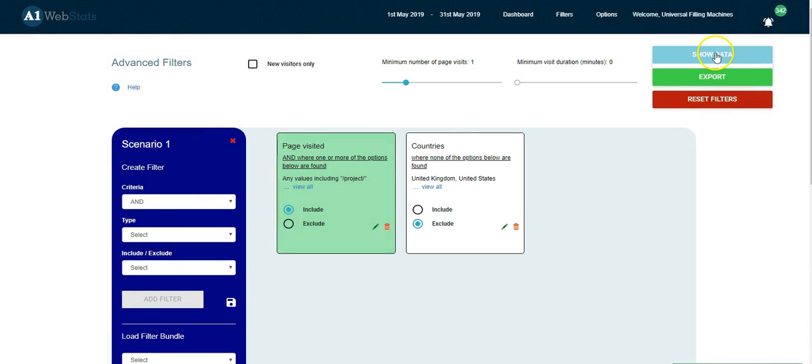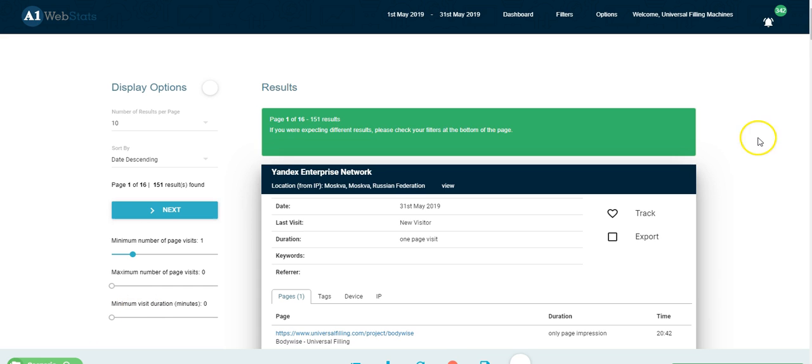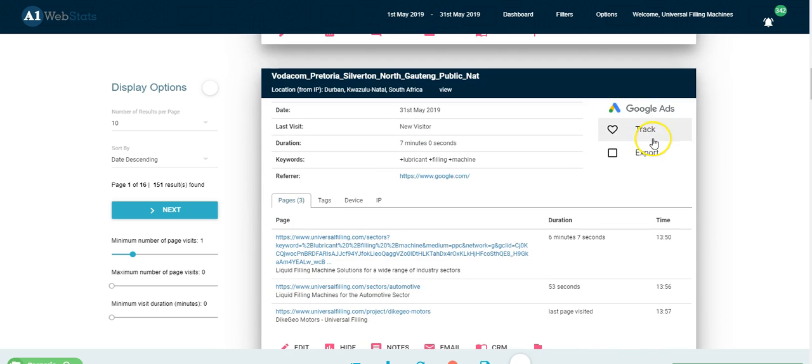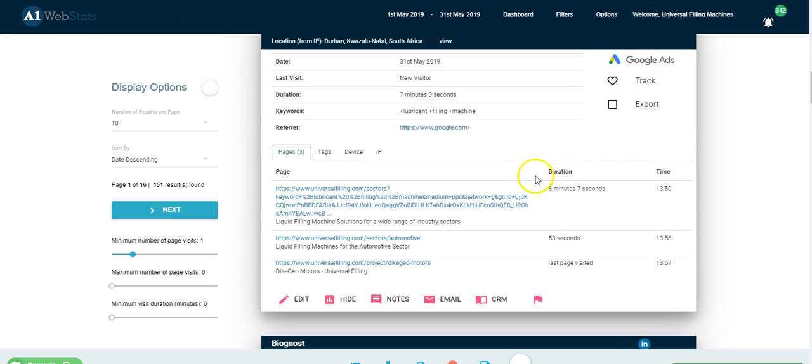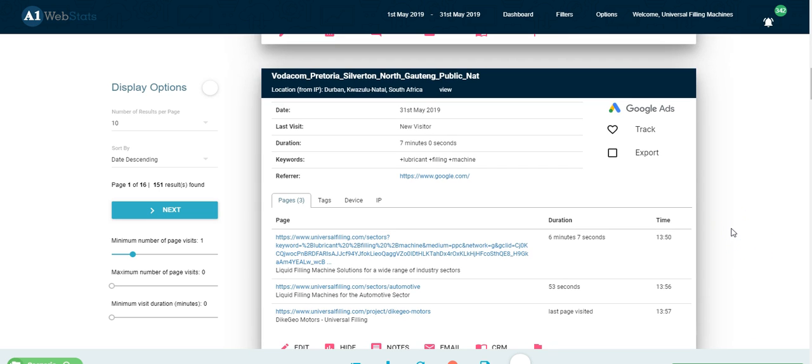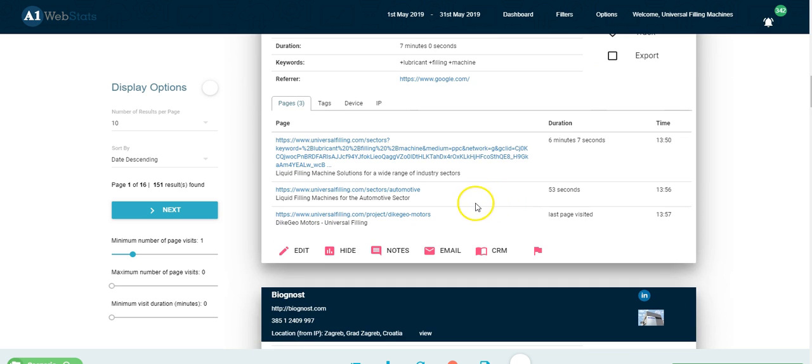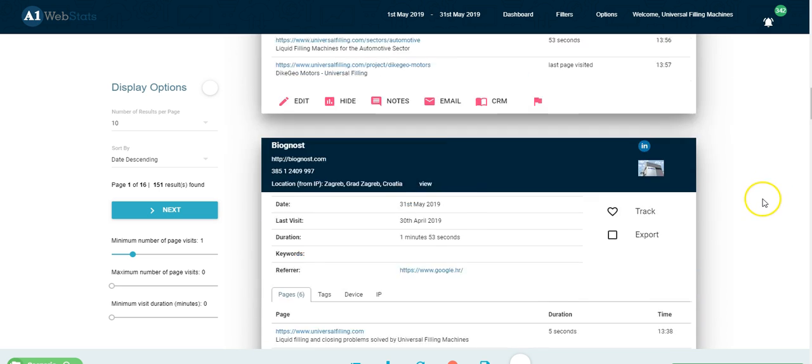And we click on Show Data, and that gives us 151 results. So each of these people got as far as the project pages, the case studies. Now 151 is only 6.5% of the 2,310. So we have to ask questions about why people from these countries are not getting to these project pages.